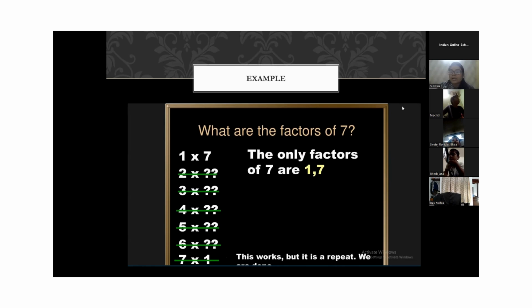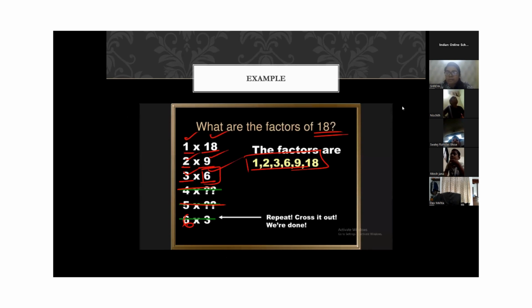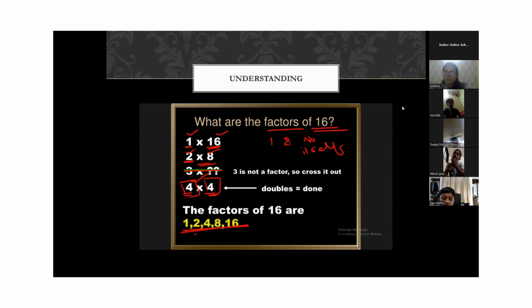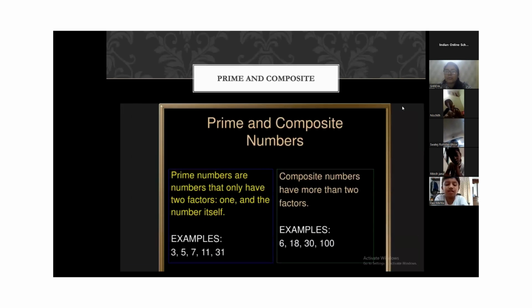For example, when you learned the factors of 16 and 18, both had more than 2 factors. So these are called composite numbers. The numbers which have more than 2 factors are known as composite numbers.